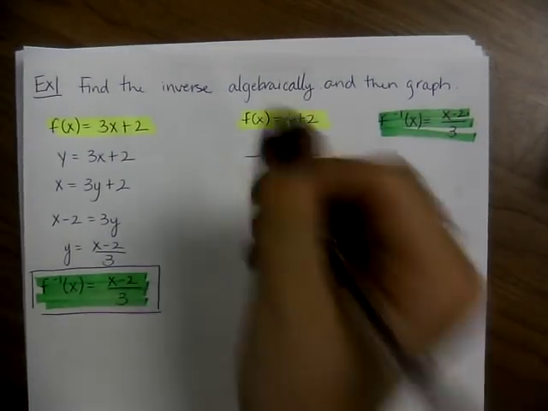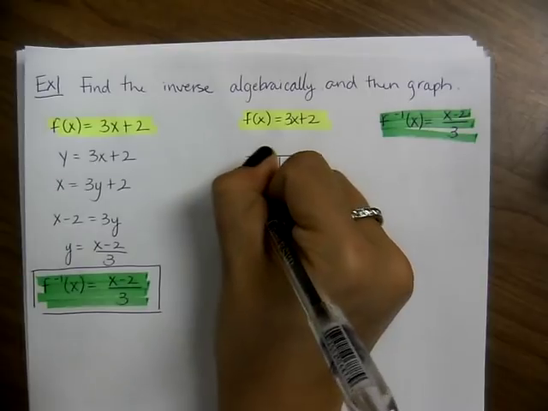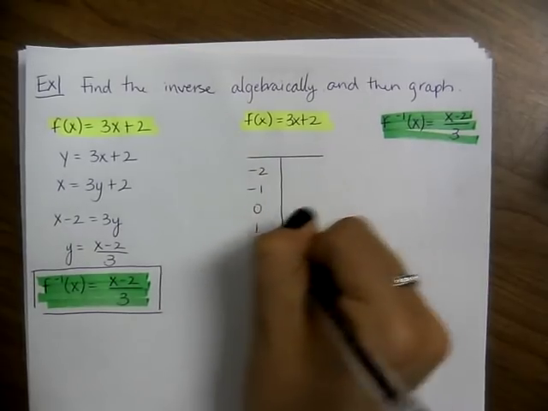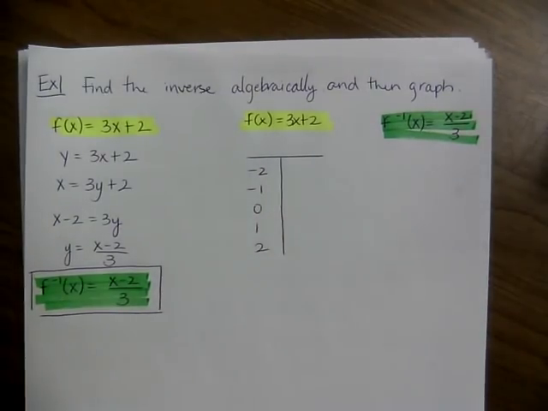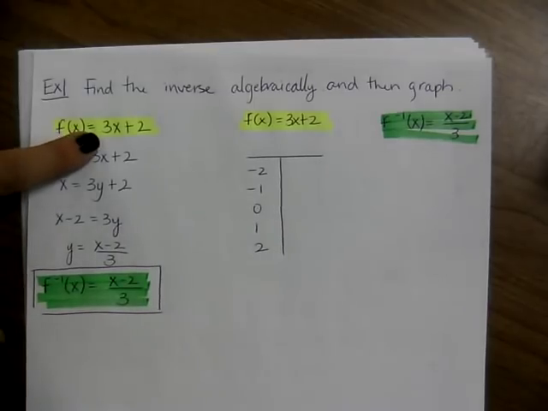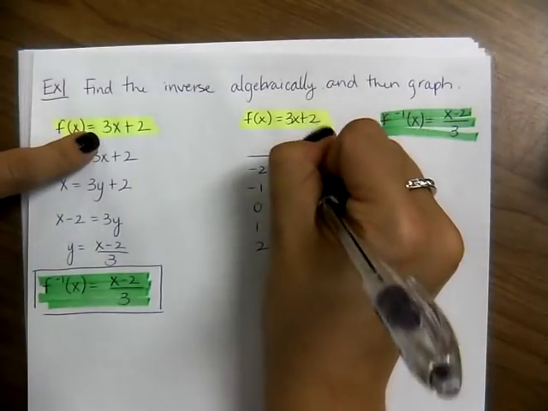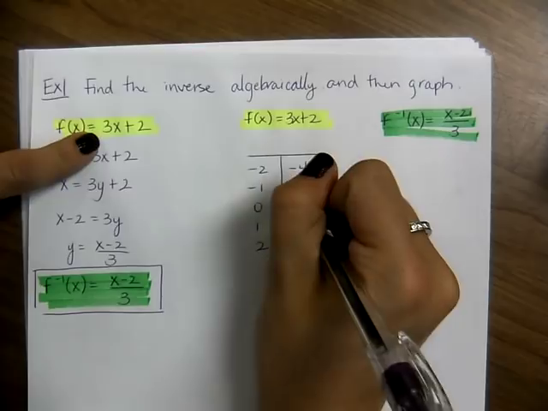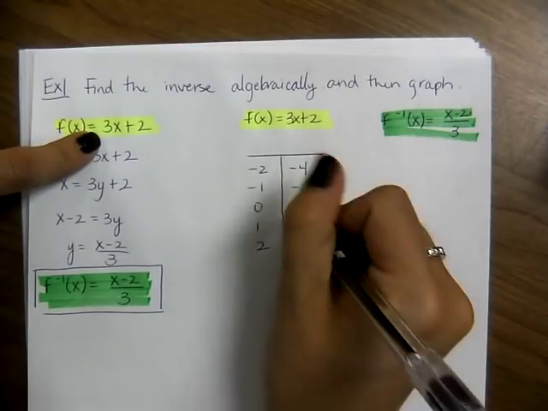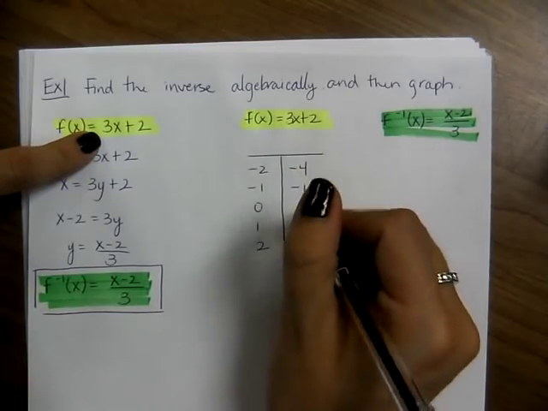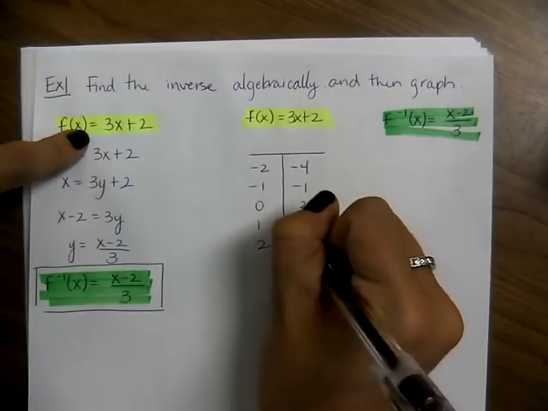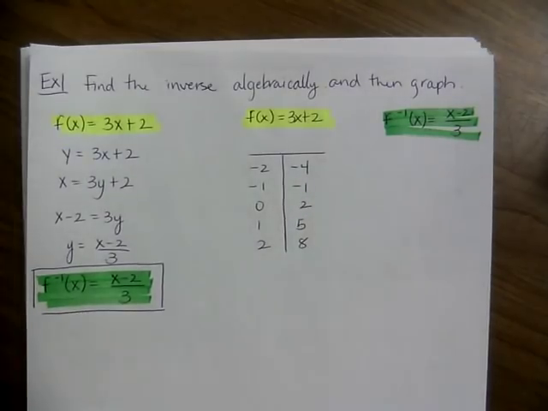Let's just plug in values like -2, -1, 0, 1, and 2. When I plug in -2, I get out a -4. Then -1 gives me -1, and 0 will give me 2. Notice I'm going up by 3 every time because that is my slope.